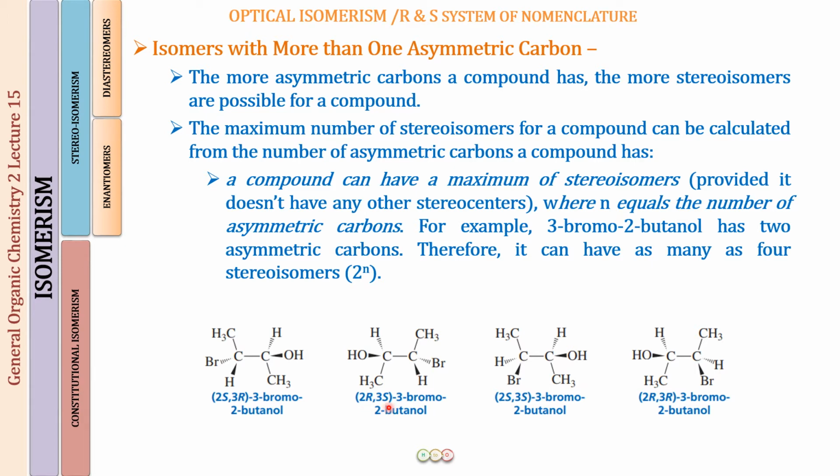In the last lecture I told you that whenever we have an enantiomer, if one enantiomer has the R configuration, the other is going to have the S configuration. Here the C2 had the 2S configuration, and this one has a 2R configuration. And this was a 3R configuration, so this will be a 3S configuration. So there is a reversal of the configuration at both the chirality centers.